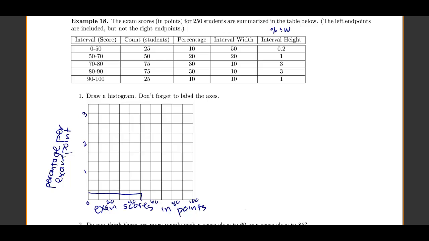And then from 50 to 70 we can go up to 1. And 70 to 80 we can go up to 3. 80 to 90 we can again go to 3. And 90 to 100 we can only go to 1.